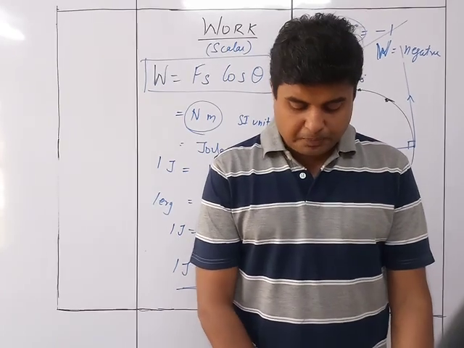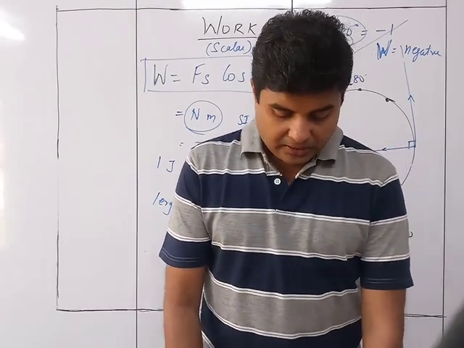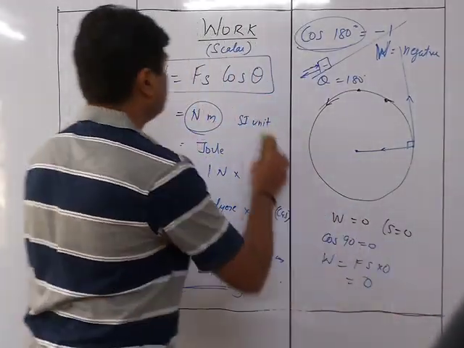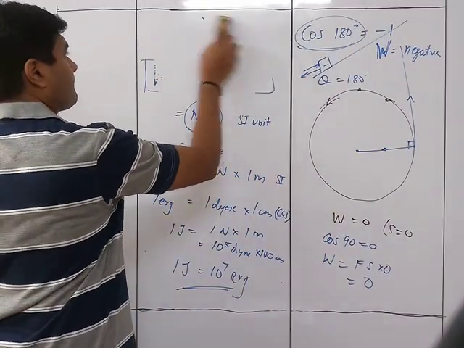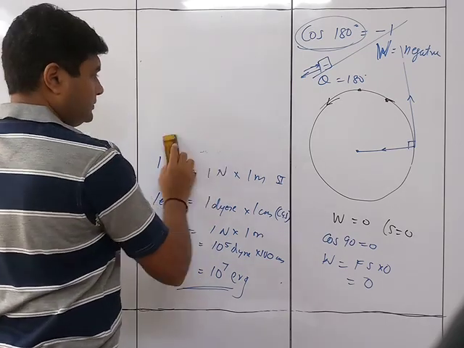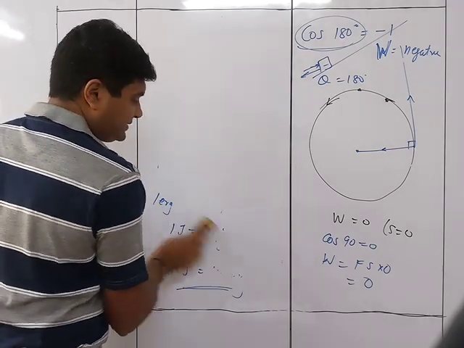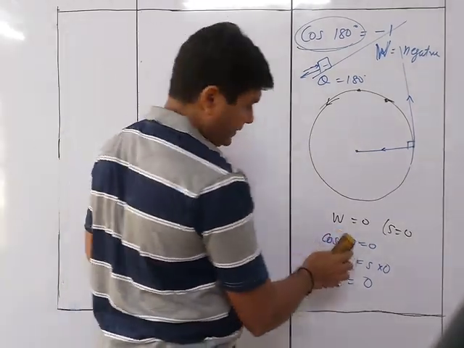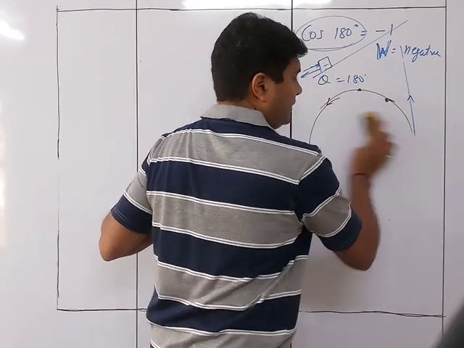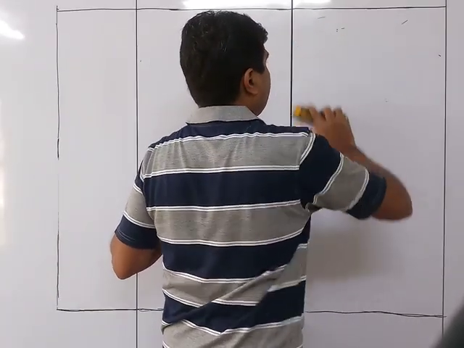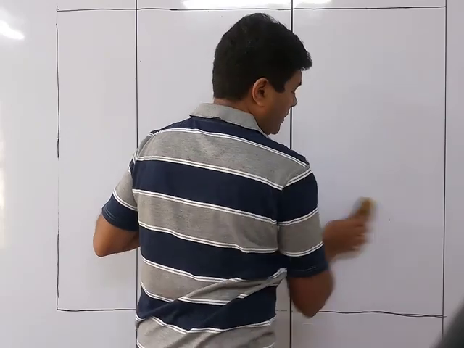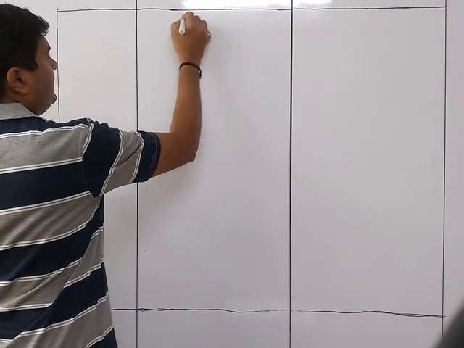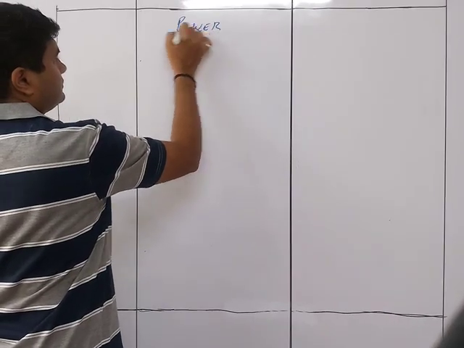Now we see the next part of the chapter, that is power. It is the capacity to do work. Okay, power is a scalar quantity, same as work.